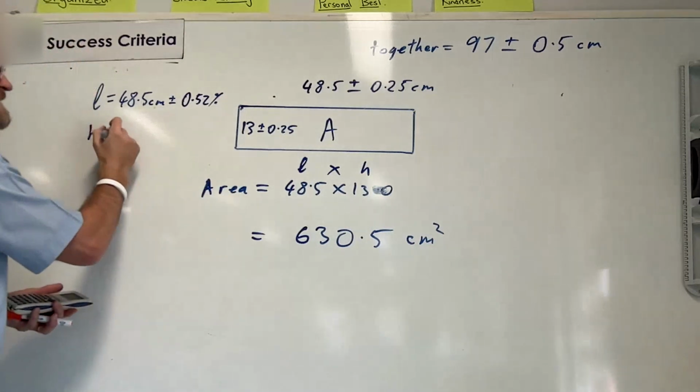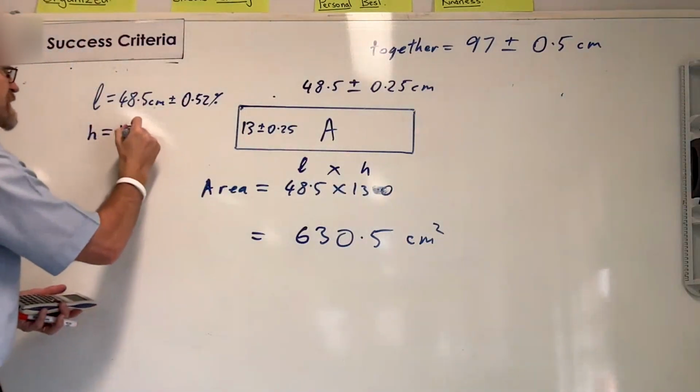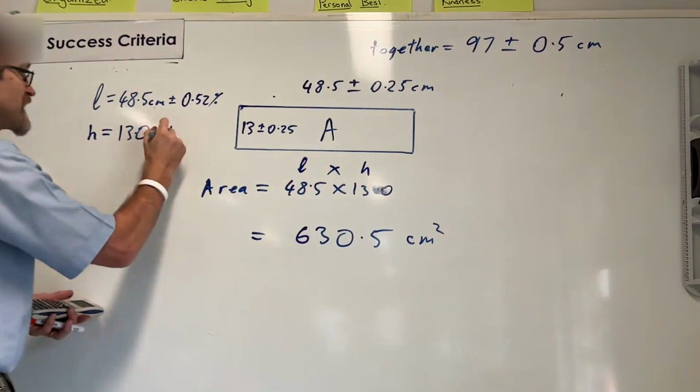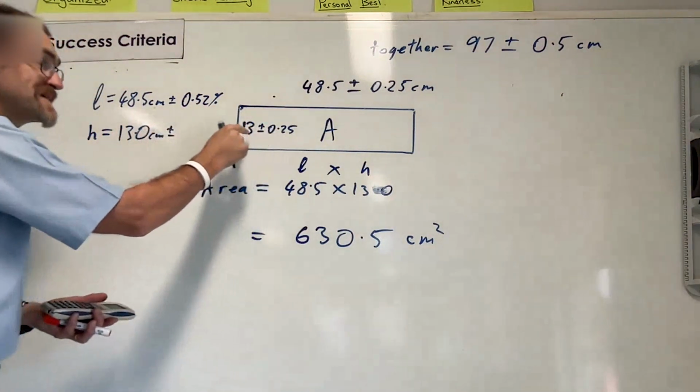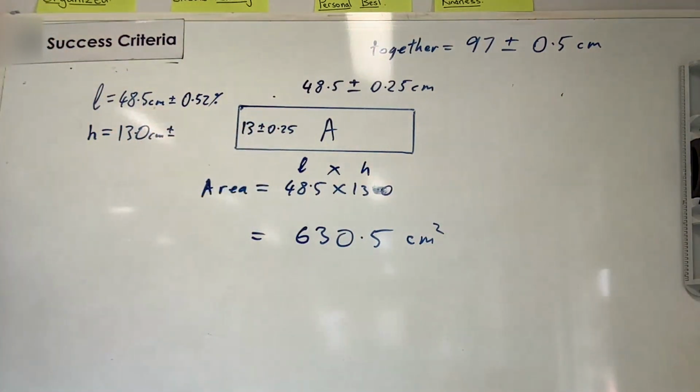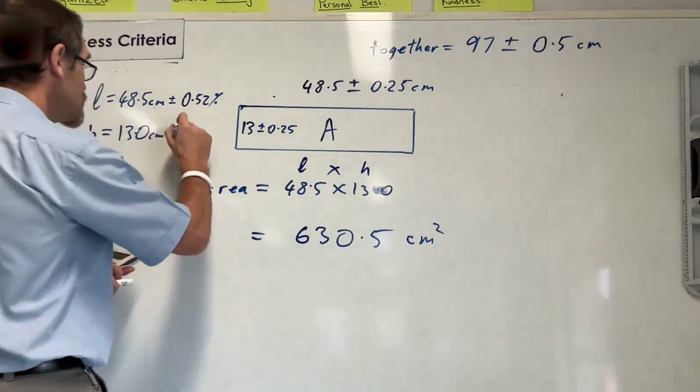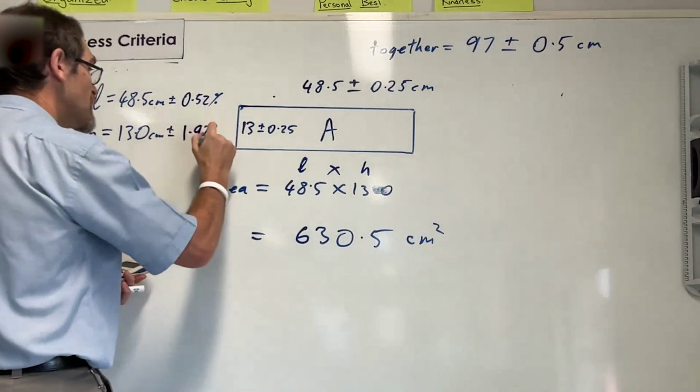Then we say the height is equal to 13.0 centimeters plus or minus that as a percent of 13. 0.25 times 100 divided by 13, 1.92.